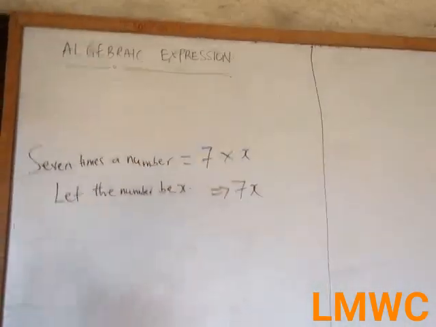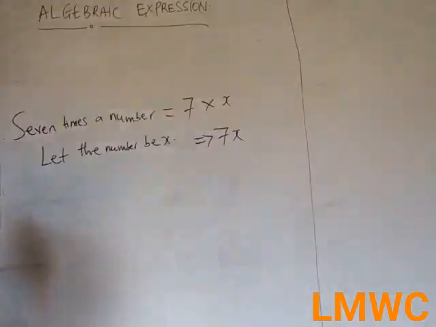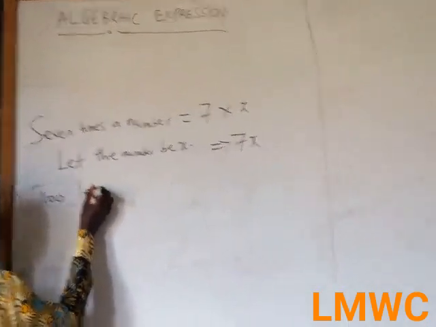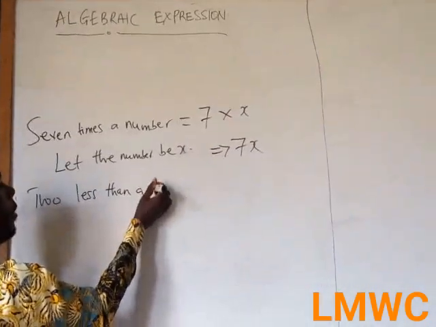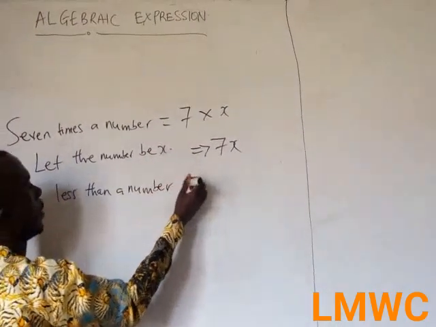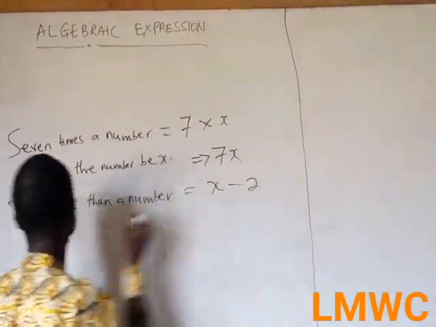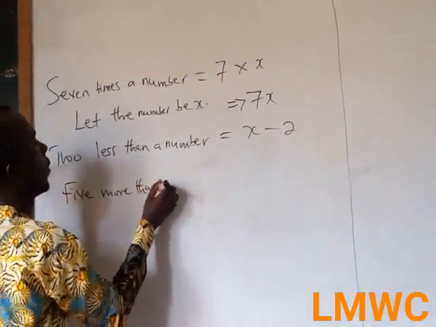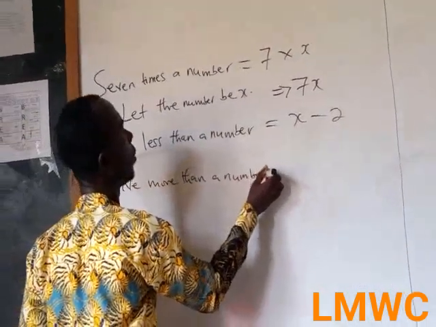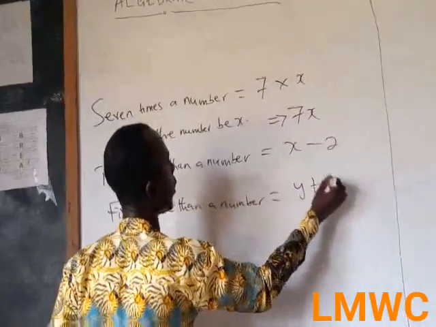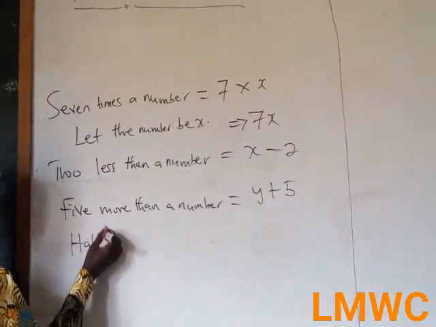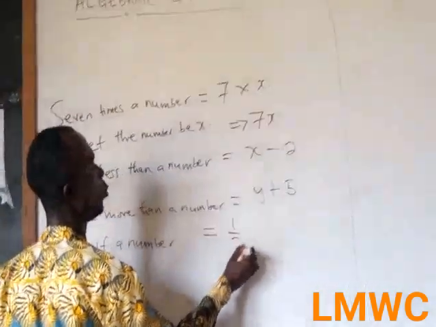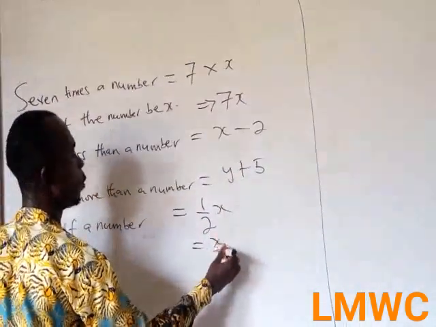So I'm showing you how we write or form algebraic expressions. 2 less than a number is x minus 2. If they give you 5 more than a number, it is the same as y plus 5. Half a number is the same as 1 over 2x, and this is the same as x over 2.